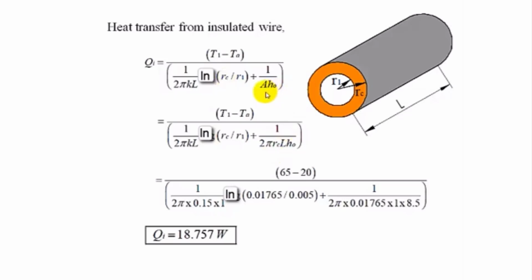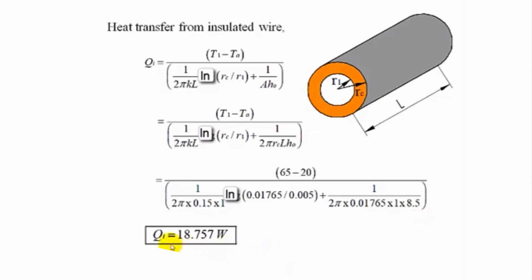So here again the area is 2 pi Rc L. Now we substitute: T1 is 65, ambient is 20, thermal conductivity is 0.15, length is 1 meter, the critical radius Rc is 0.01765 meter, R1 is 0.005, and h0. We get the heat loss from the insulated wire as 18.757 watts.